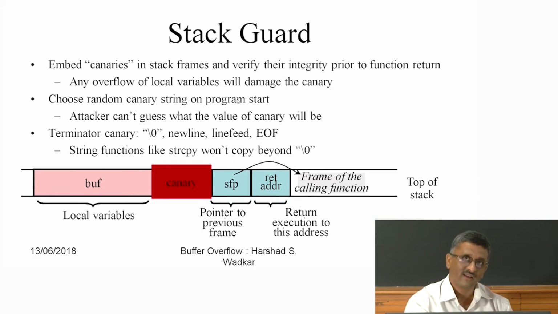Buffer overflow happened, agreed, but the attack is prevented. Taking remote access or putting some shell code in memory and executing it is totally prevented by putting this canary bit between the SAP and the return address. This is the first way. The stack guard uses the canary bit so that the attack can be prevented.